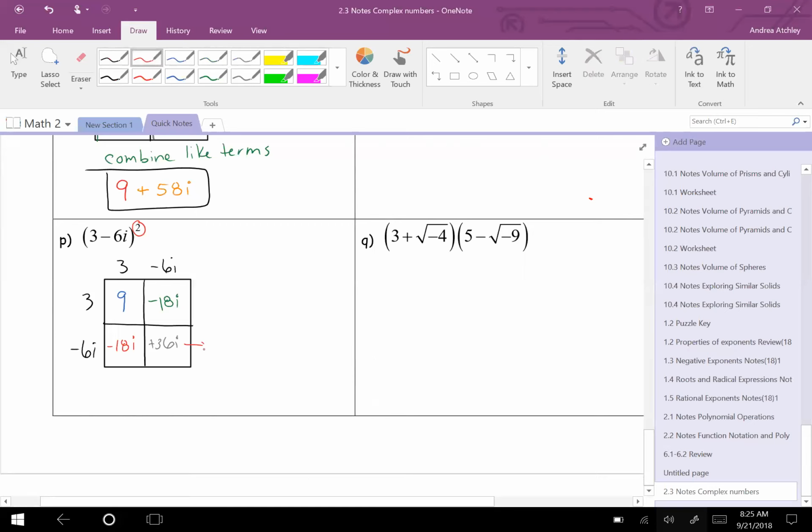But I'm going to move that out here because I do know it's 36 now, and I squared equals negative 1, so this is going to be times negative 1, which now gives me a negative 36. Okay, then we're going to combine all of our like terms.